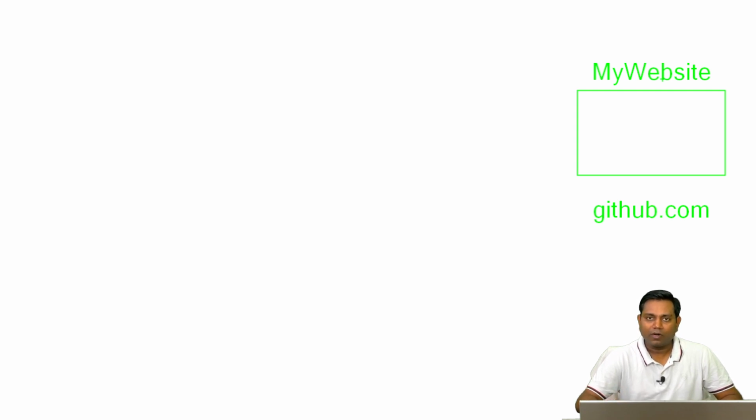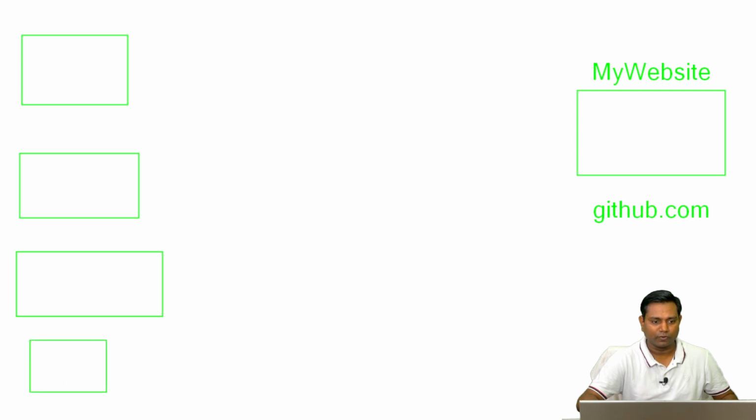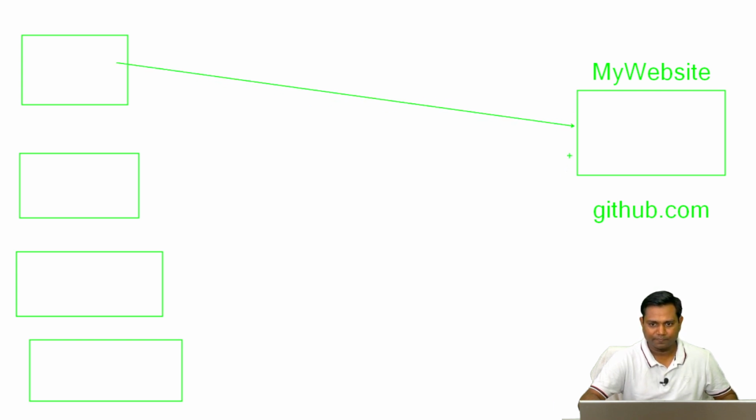So multiple developers can work on that project and they can push their code from any part of the world. Suppose here are the developers from location 1, location 2, location 3, location 4. The developers can push their code to the centralized repository.